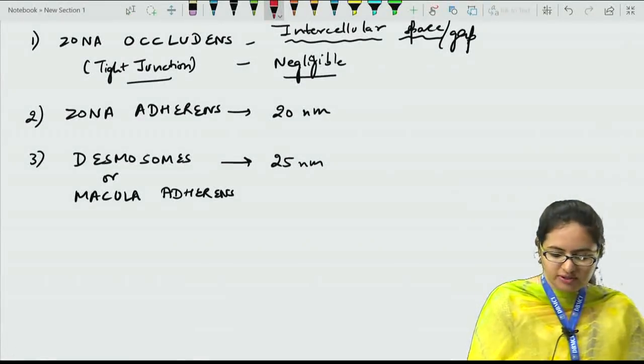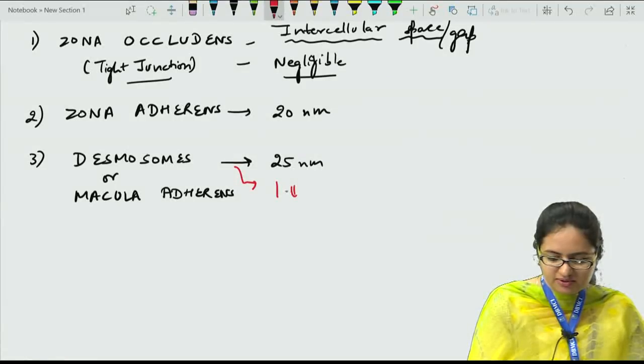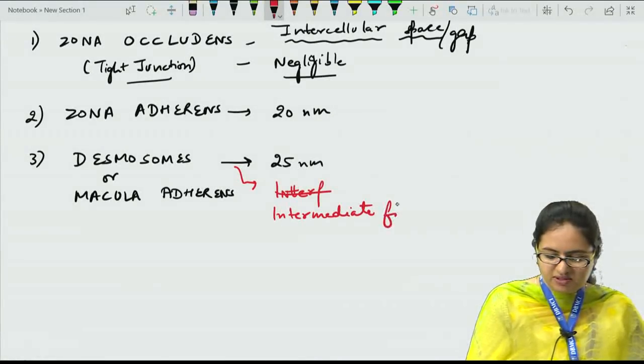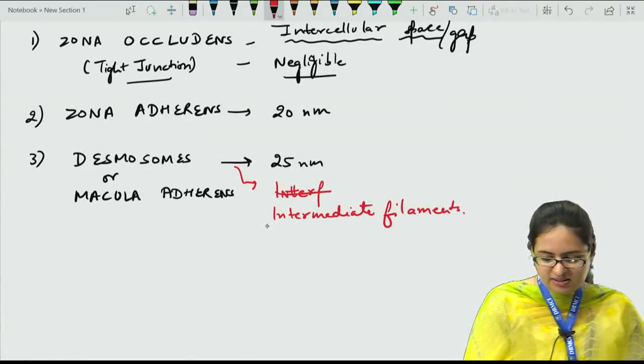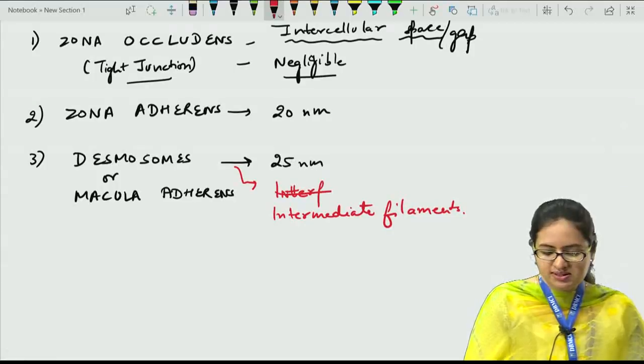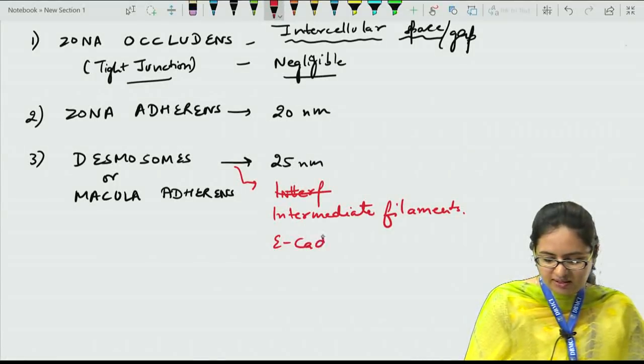A characteristic feature over here is the presence of intermediate filaments towards the cytoplasmic side, and between the cells we have cadherins, which act as the adhesion molecules, and apart from that, desmogleins.